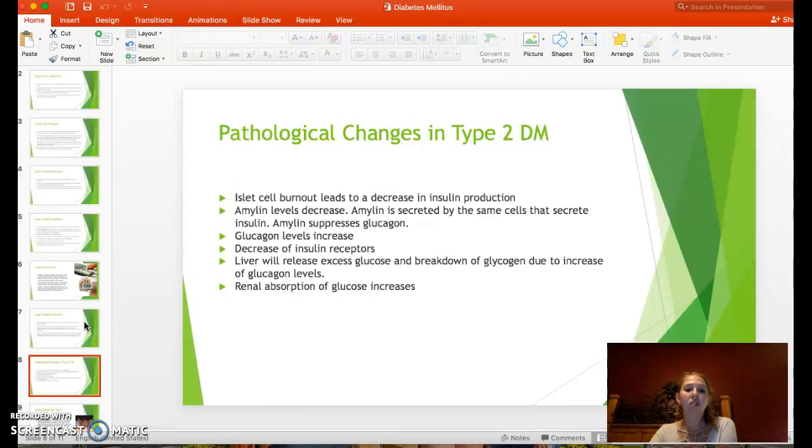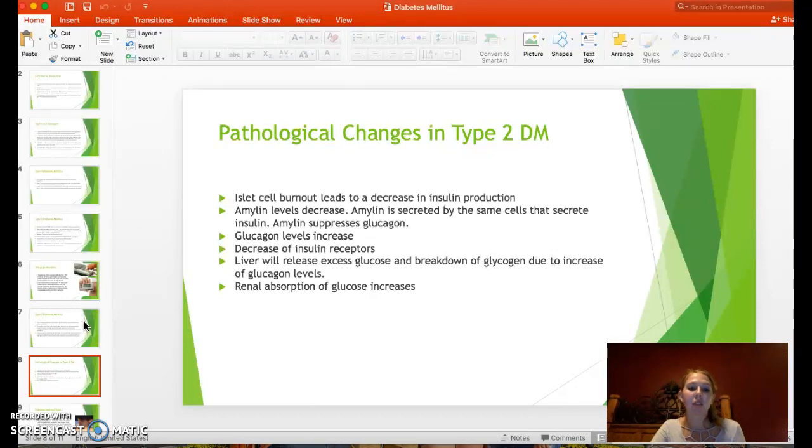So pathological changes: islet cell burnout leads to a decrease in insulin production. Because of how much glucose you have, the cells just burn out. They cannot produce any more insulin because they've gone so long producing such high levels.